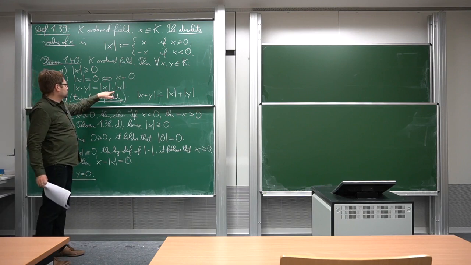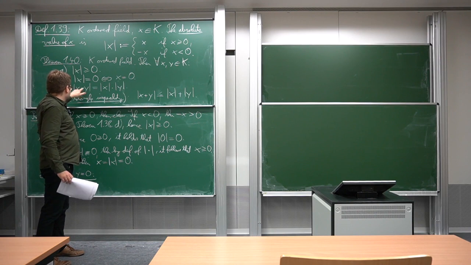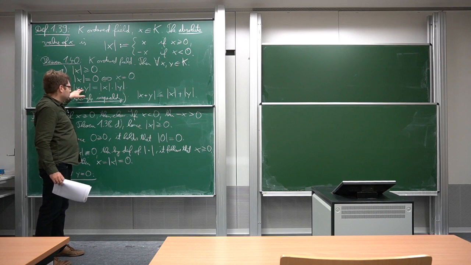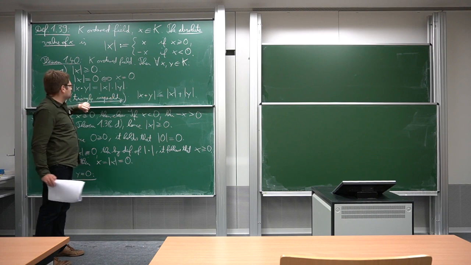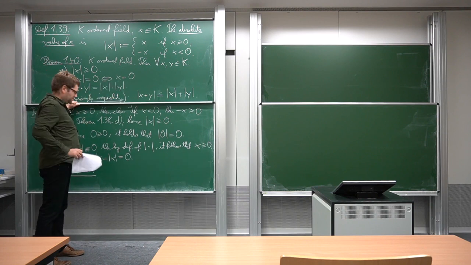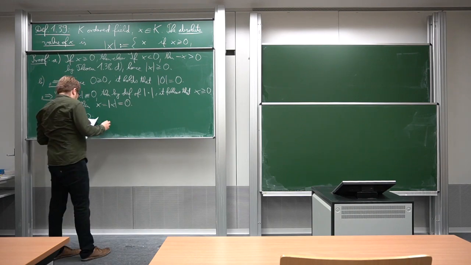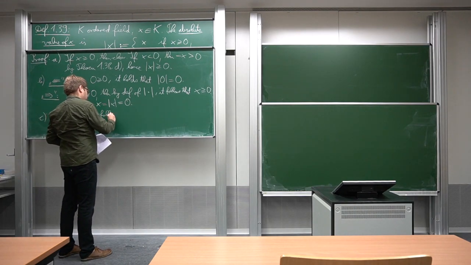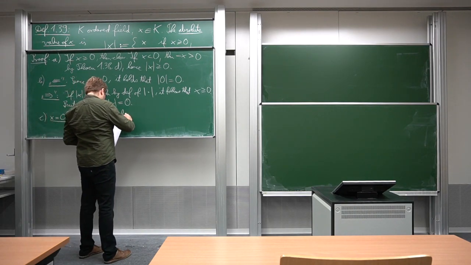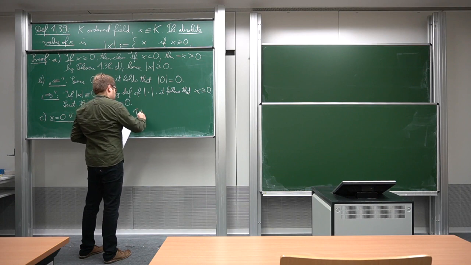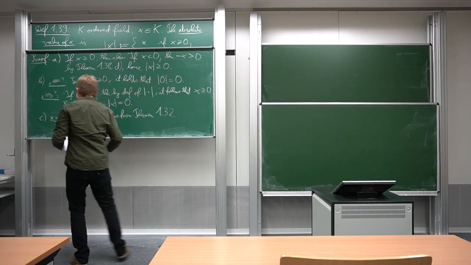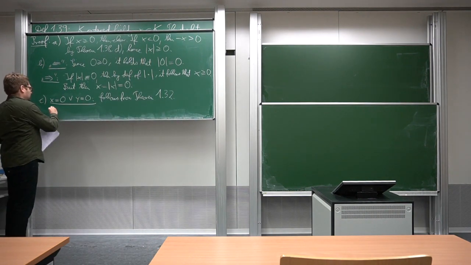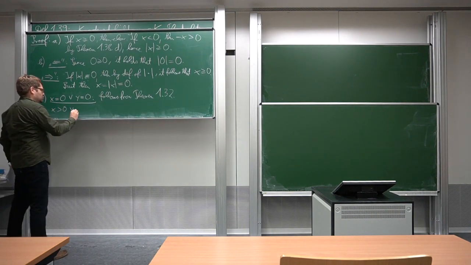So on the left-hand side we would get 0, and on the right-hand side we would also get 0, because one factor would be 0, depending on which one, x or y, is 0. So this follows from theorem 132.